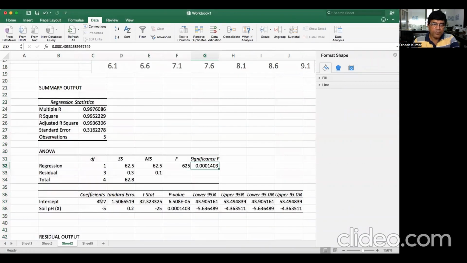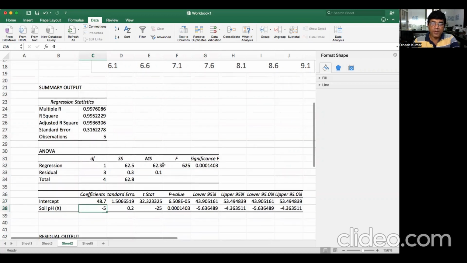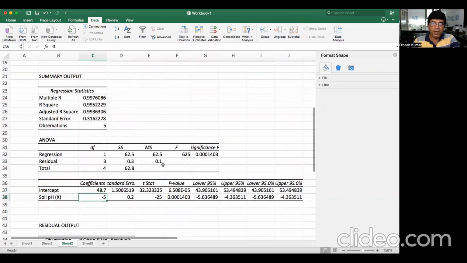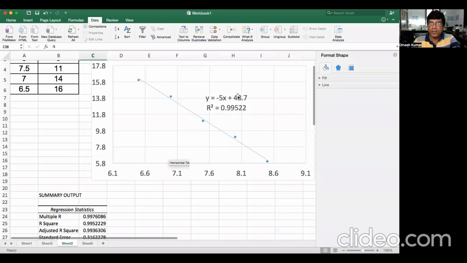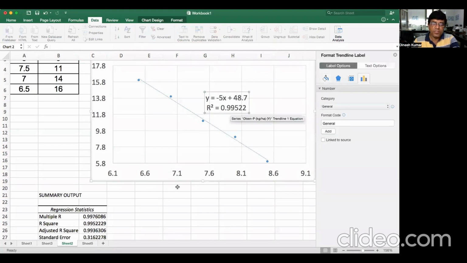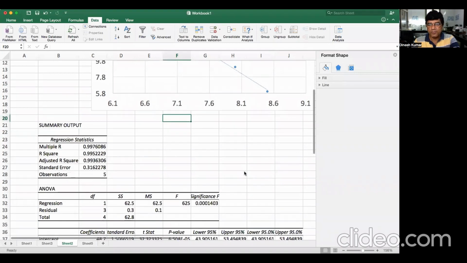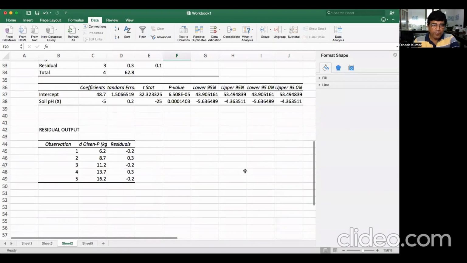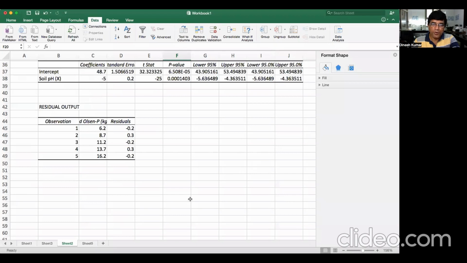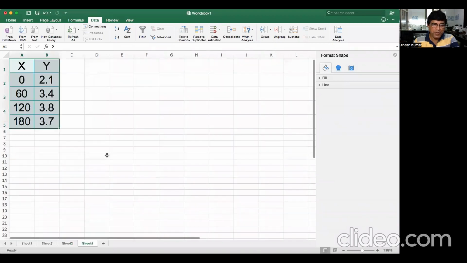You can see that coefficient intercept is 48.7 and this B regression coefficient is -5. You can see here, same thing, 48.7 and -5. And you can see the rest of the statistics here. Very easy, and I hope that you will be able to do it.